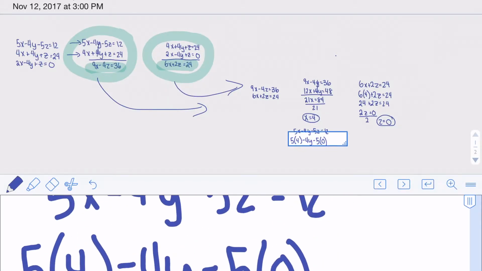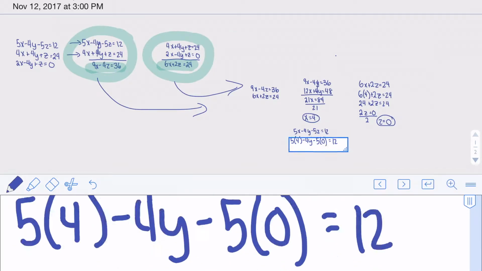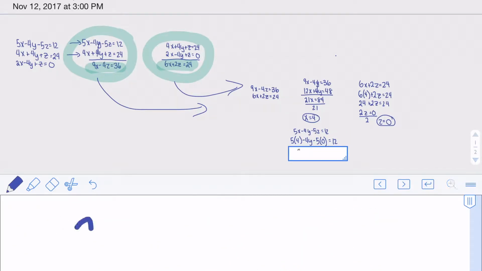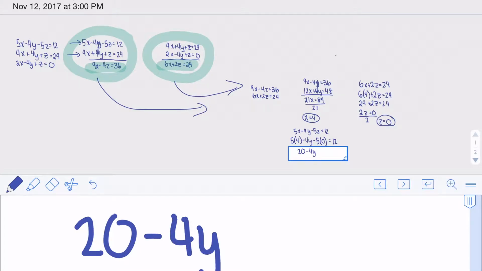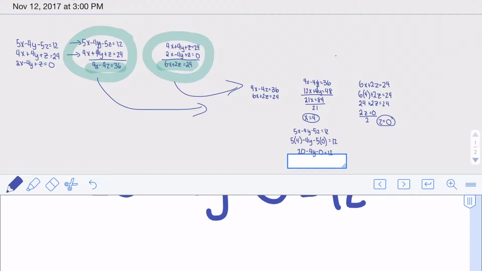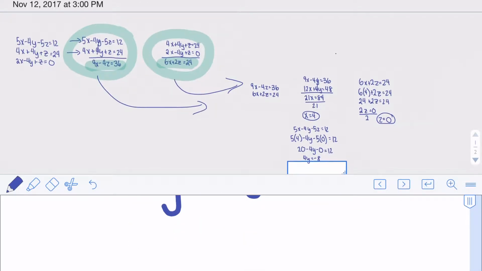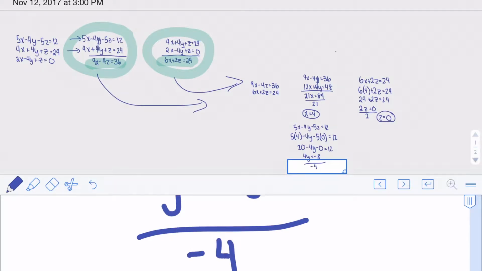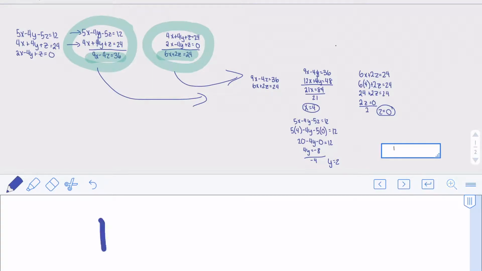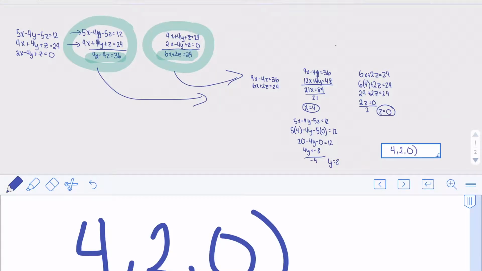So I multiply 5 by 4 minus 4y, and then I multiply negative 5 by 0 with the equation equaling 12, ending me up with 20 minus 4y minus 0 equals 12. Simplifying it to negative 4y equals negative 8, now you divide both sides by negative 4, leaving with y equals positive 2.